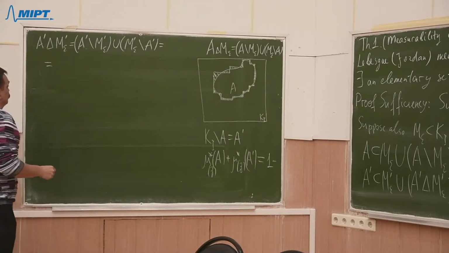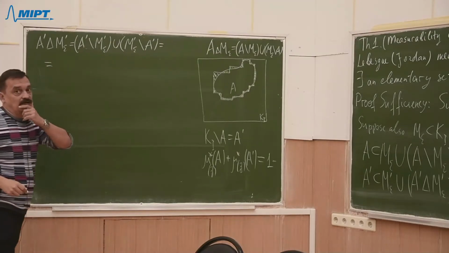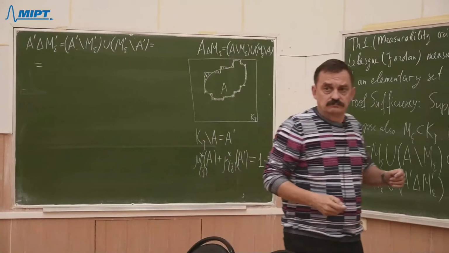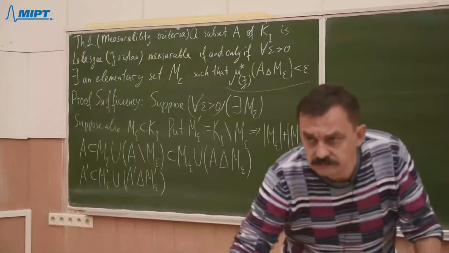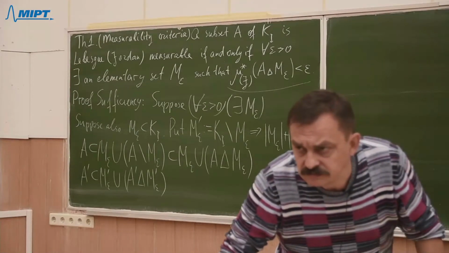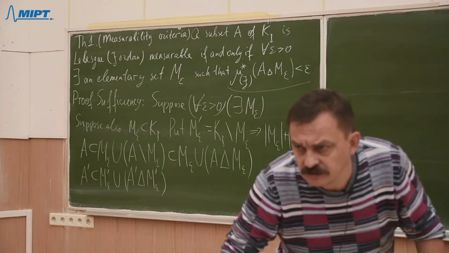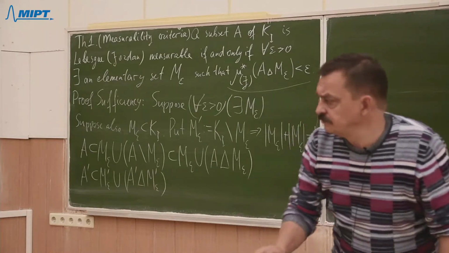Then look. What is the rest of mu A plus mu A prime equals 1?